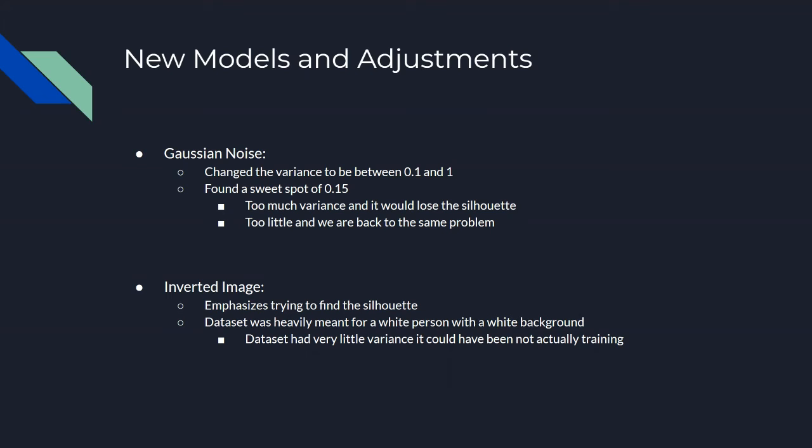So that's why we wanted to have that, so that there's at least some ability to actually predict accurately, and there's no bias in the data set. You don't have to be in a white room with a white background. You can just be in a pitch black area or something.